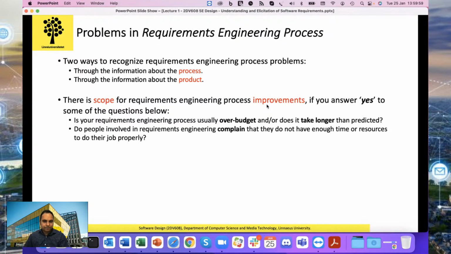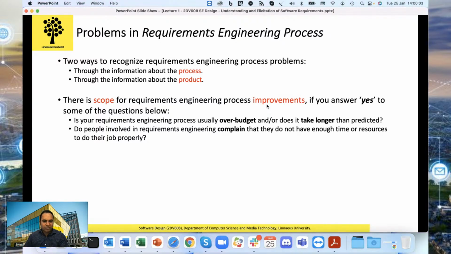And then, do the developers or people involved in requirements engineering complain that they do not understand, or they do not have enough time, or they do not have enough appropriate tools to work on the requirements? If they say yes, that means your process also has a problem.